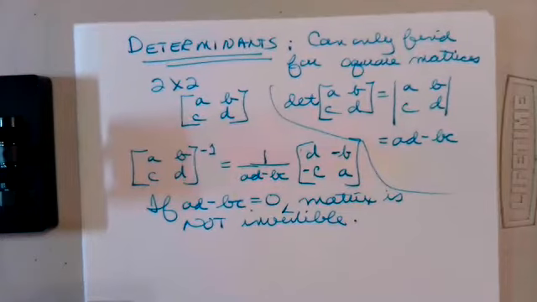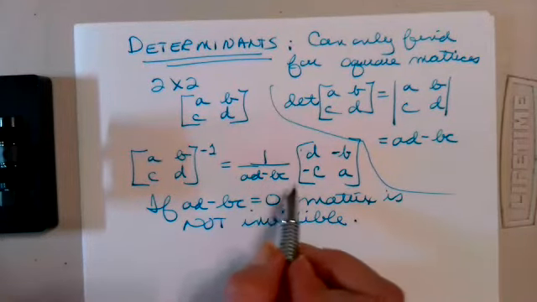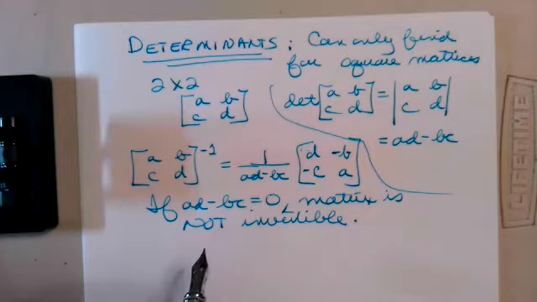Okay. So that's clearly true for a 2 by 2 matrix because you can't divide by 0 and the determinant is AD minus BC. But it's true in general.